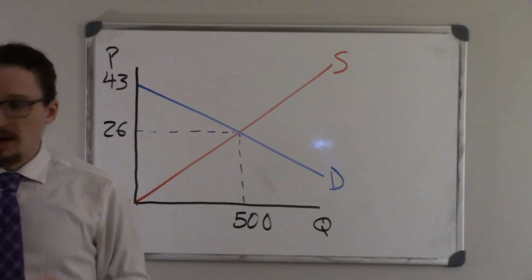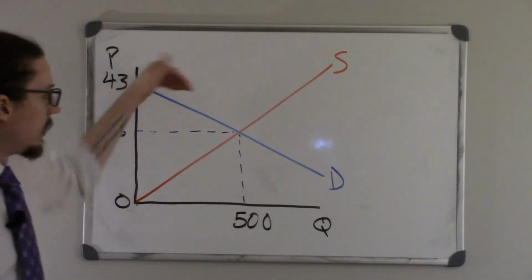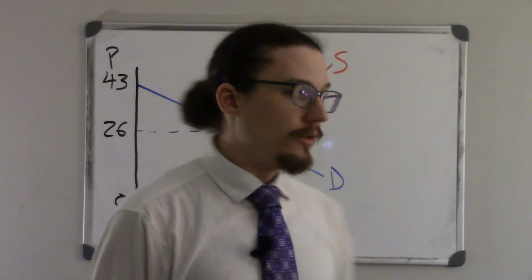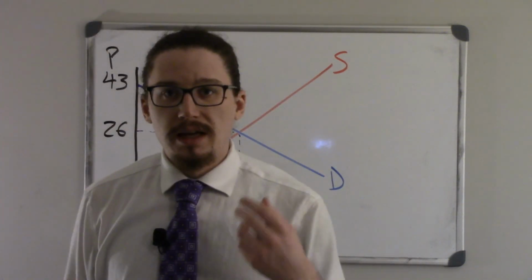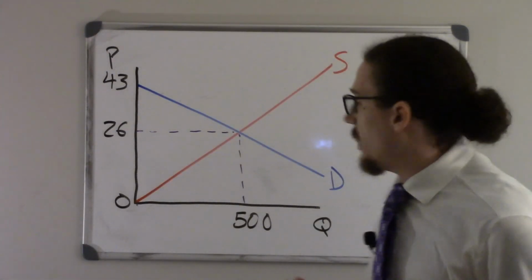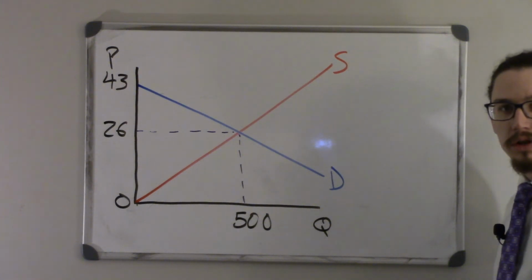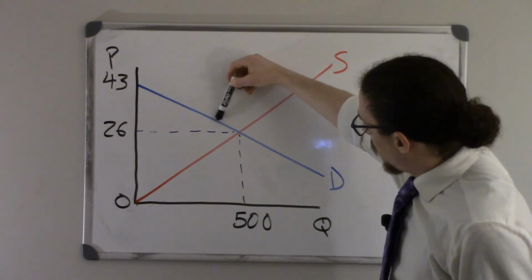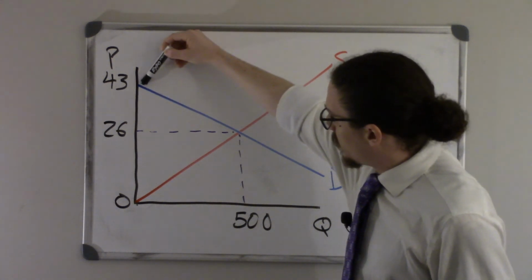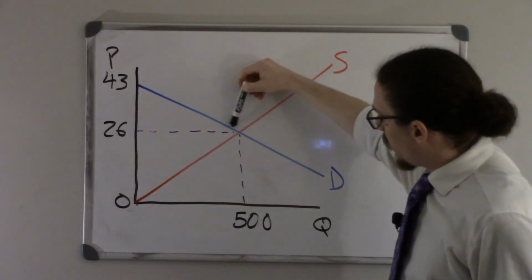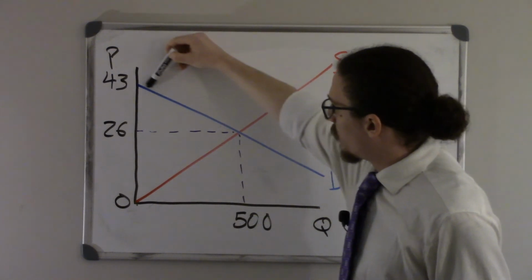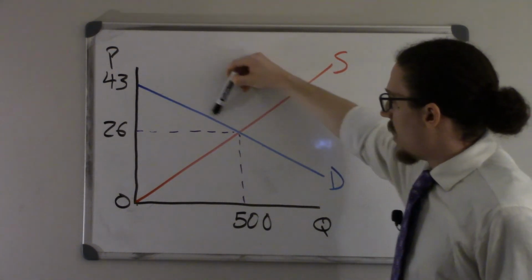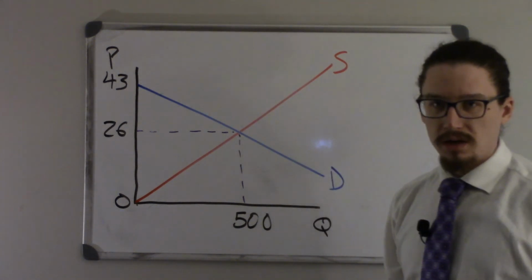Looking at this, we know that any consumer that's willing to pay more than the equilibrium price, in this case 26, is going to get a consumer surplus. Everyone in this part of the curve represents those individuals who are willing and able to pay more than $26.